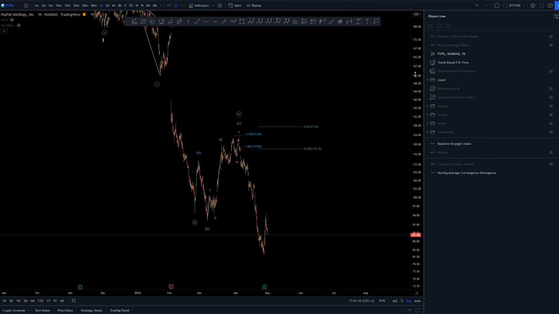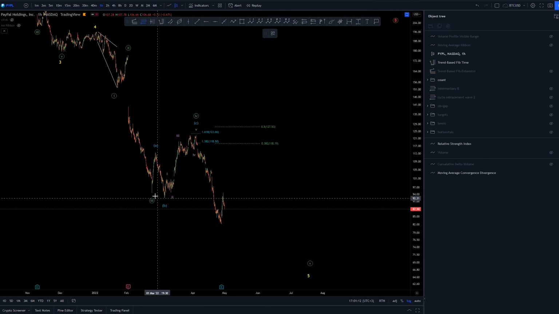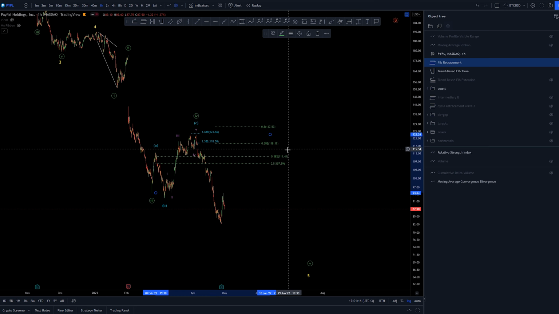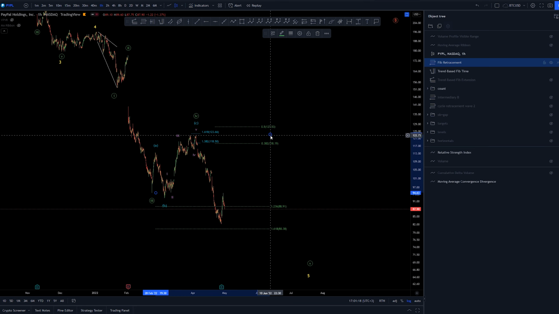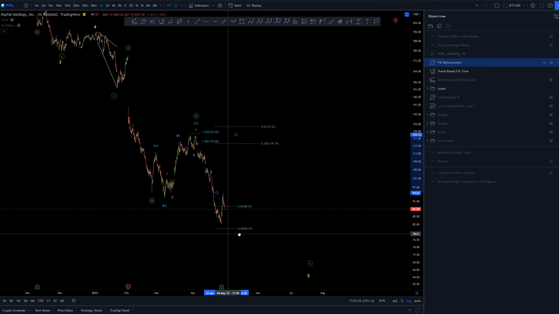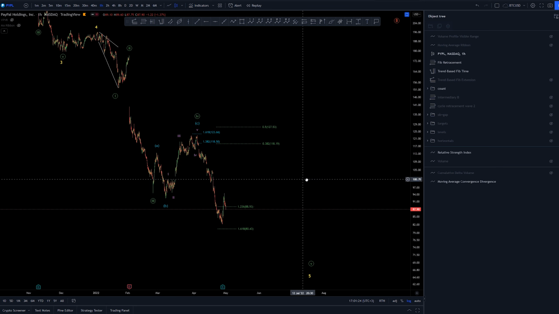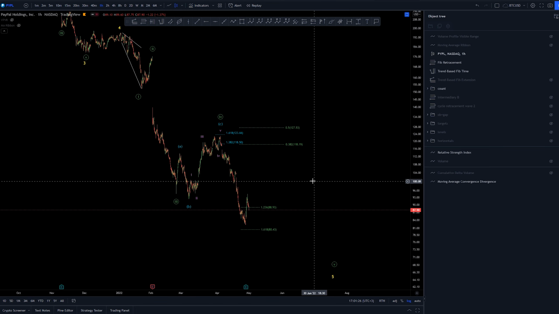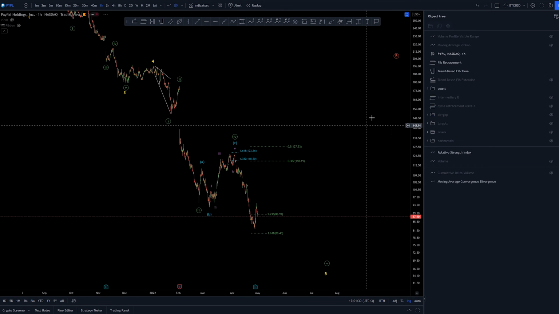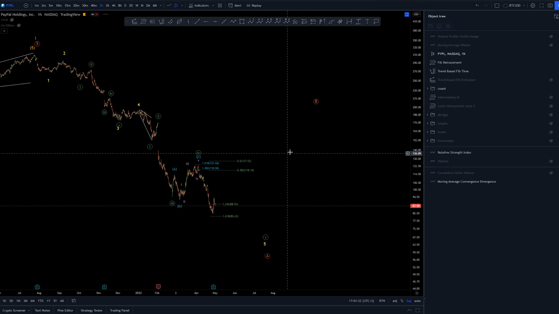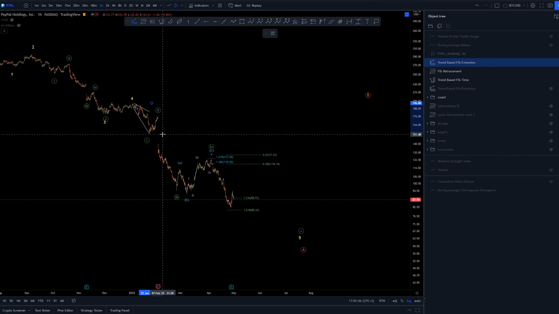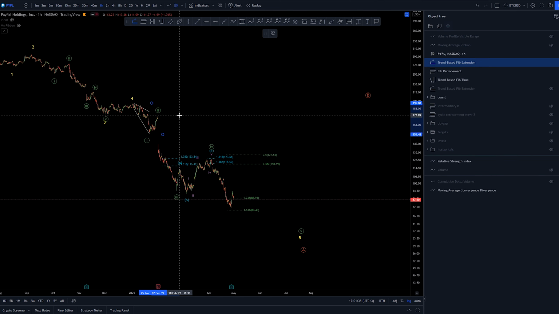Let's take a look at some targets. So we can take an inverse wave 4 as a target, like so, and just make it a bit shorter, and there we go. We're currently right at that area where we would expect wave 5 to end. We could also take a target for the same degree. Let's actually see how much the wave 3 is.